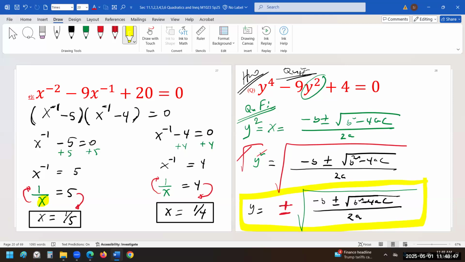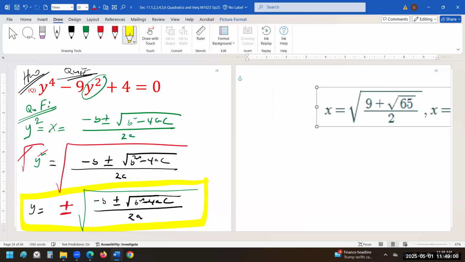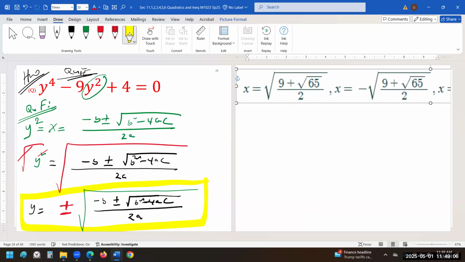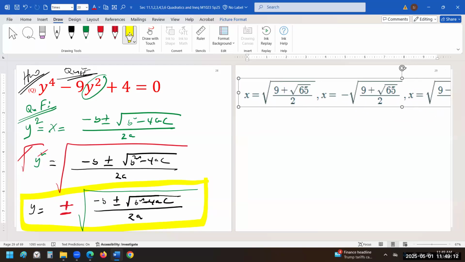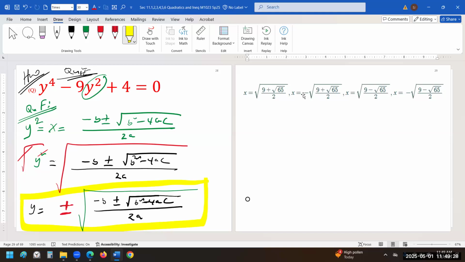And your 4 solutions: plus plus, plus minus, minus plus, minus minus. Okay, so 1, 2, 3, 4 solutions.